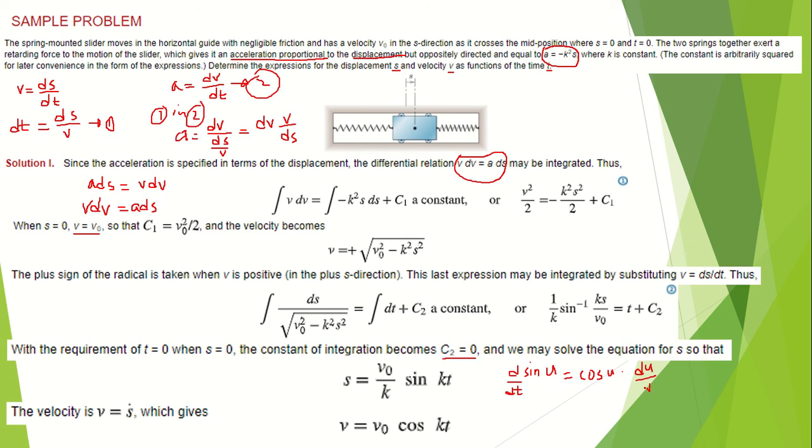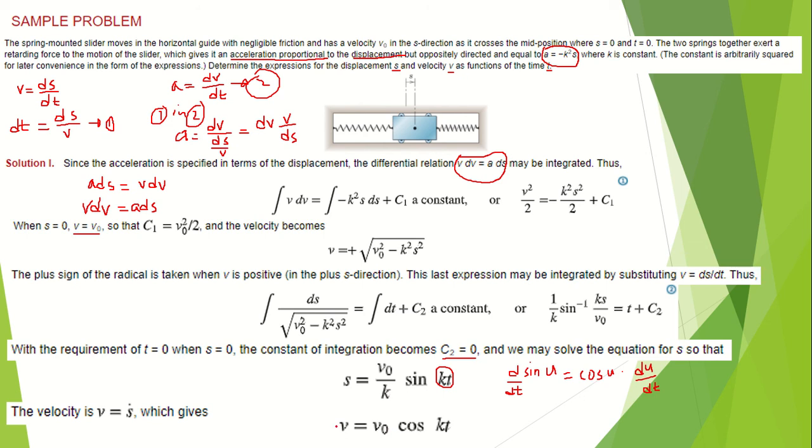Okay, so what is our u? Our u in this case is kt. So the derivative of kt is simply k. So you have k divided by k, so that's why the k here is gone.